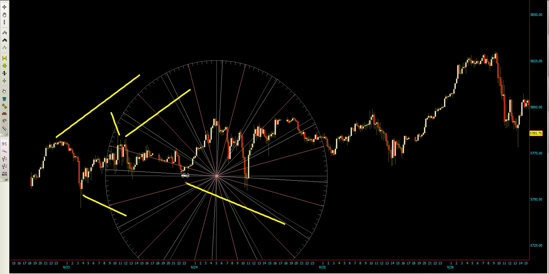White line, vertical reflectors in time. Let's move forward.